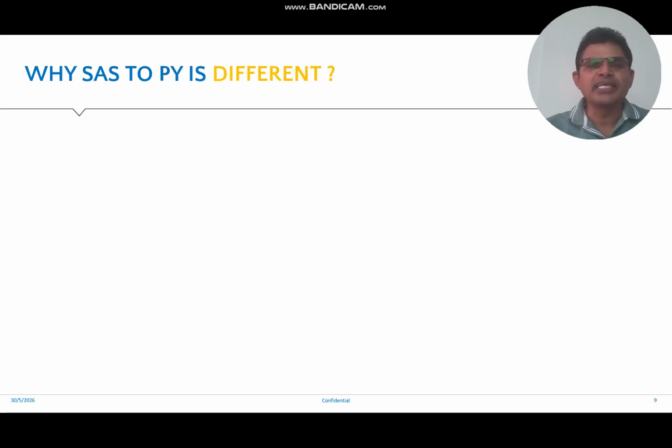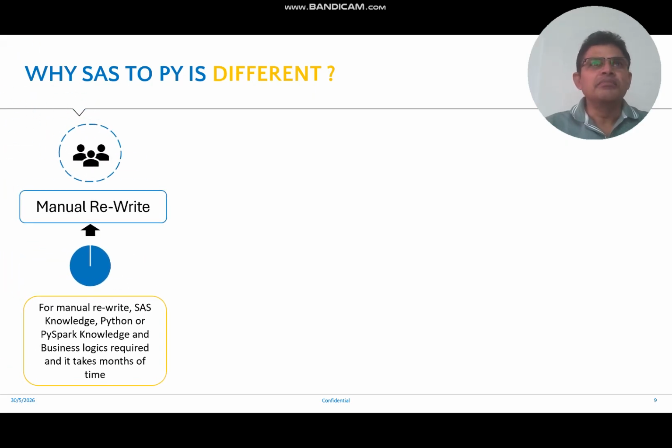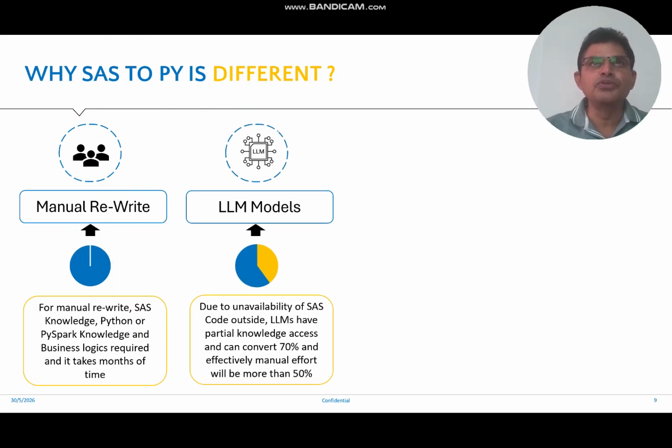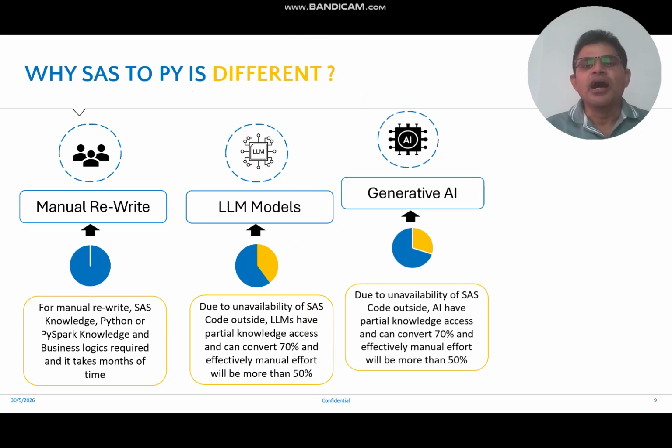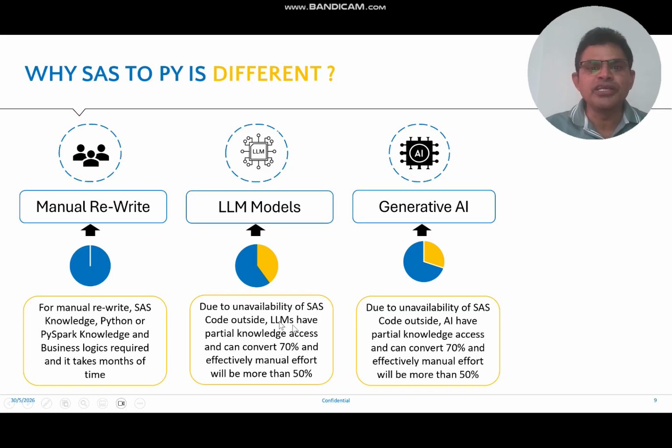Now, why is SAS2Pi different, when I'm saying it is rapid and lift and shift? See, if you do manual rewrite, you know the situation. If you do LLMs or generative AI, the situation is that these engines have partial knowledge. I'm not talking about the capability of the engines, but the availability of the knowledge to those engines is the issue.